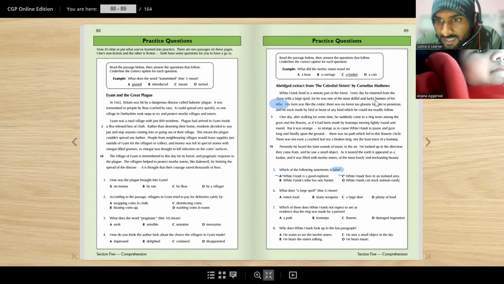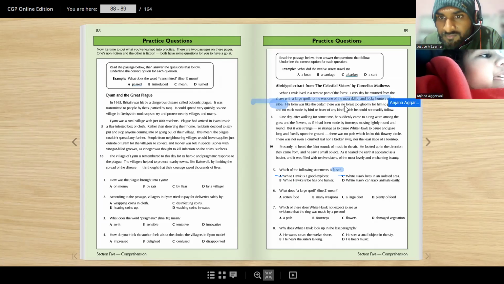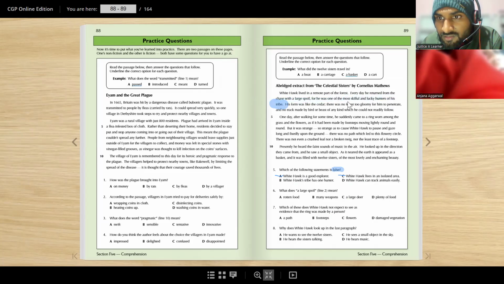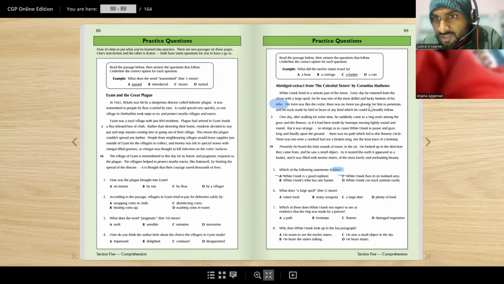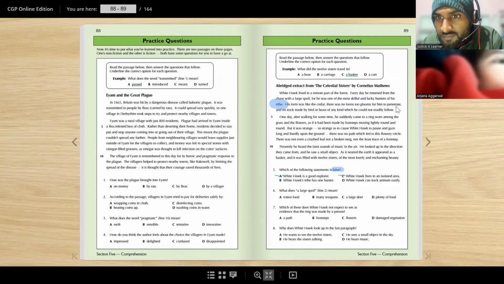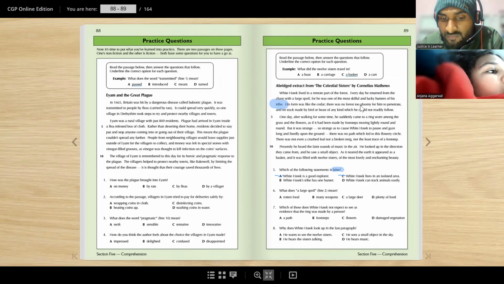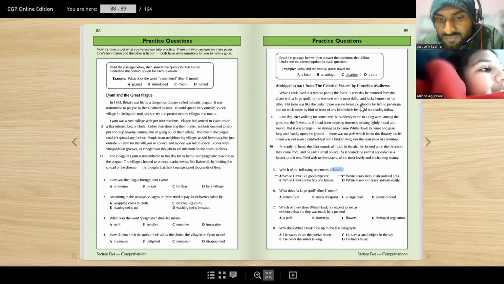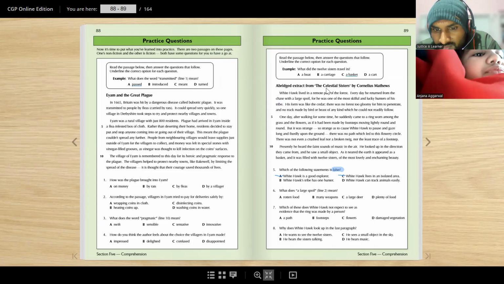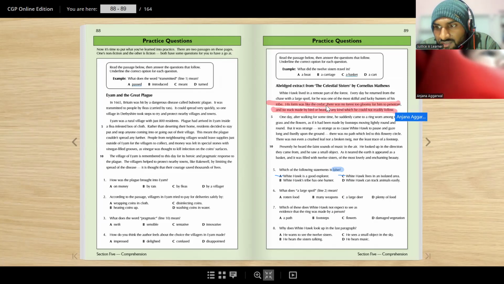White Hawk can track animals easily or not? Look here, the forest was gloomy, there was no track. Wait for a while. Don't be in such a hurry. Okay. So here, White Hawk can track animals easily or not? That's what you need to find here now.